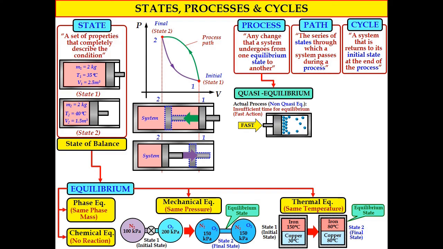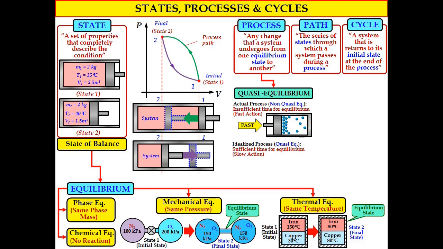So in this case, different points in the cylinder will have different properties, for example, different density of the substance. The density of the substance very close to the piston will be slightly higher compared to the area far from the piston.